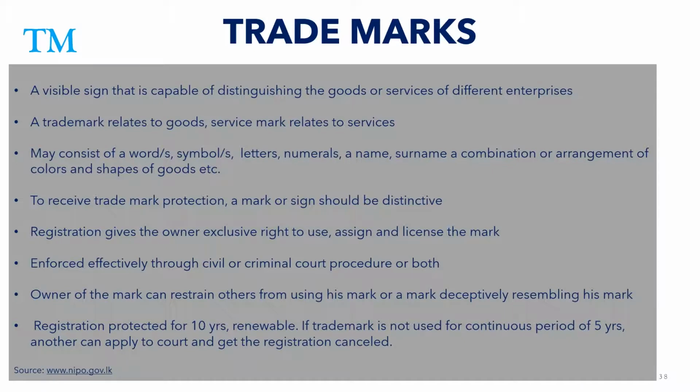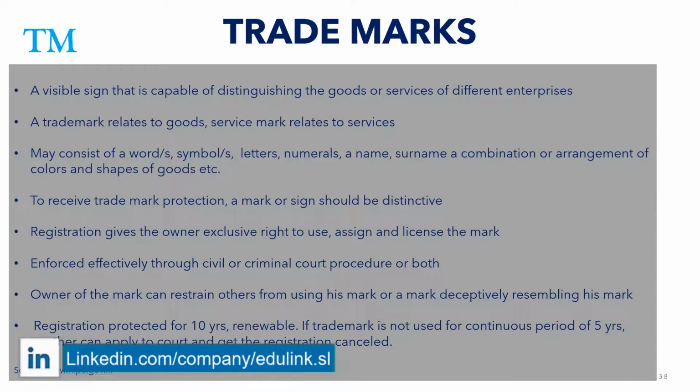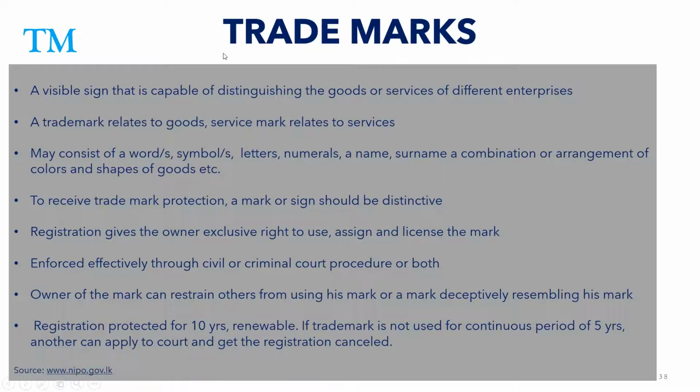Let me give you some background, some practical aspects of trademarks. I'm sure you are all familiar with Kotmale. Kotmale produces milk, yogurt, butter, cheese, things like that. Generally, when you register a trademark, you can prevent similar goods which another person cannot make by using that name Kotmale.